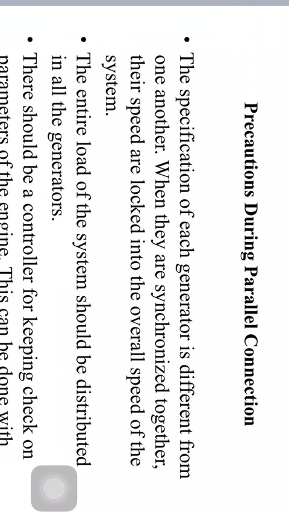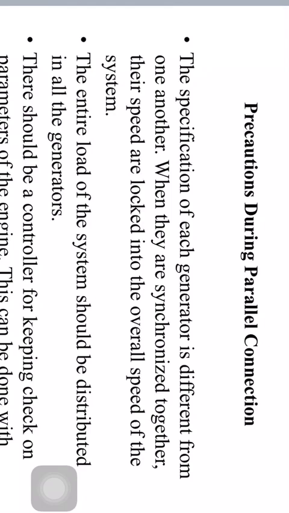Next, the entire load of the system should be distributed to all the generators.